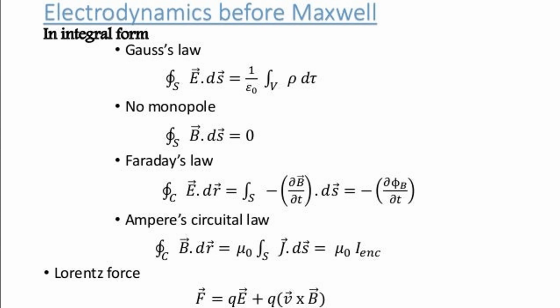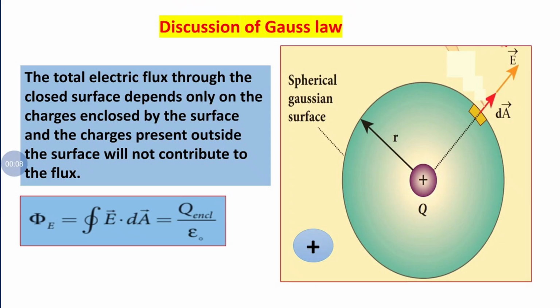Total magnetic field with respect to length vector equals mu naught times I enclosed, meaning total current. And the Lorentz force is given by F equals QE, the sum of the electrostatic force QE plus the magnetic force Q V cross B.